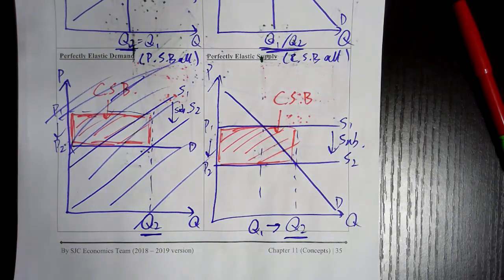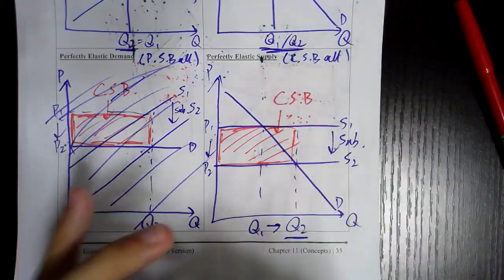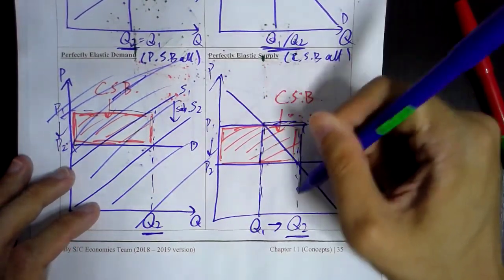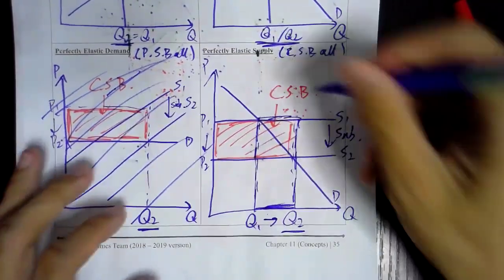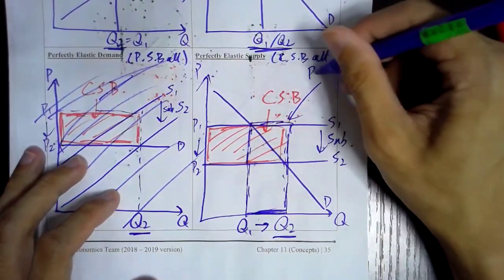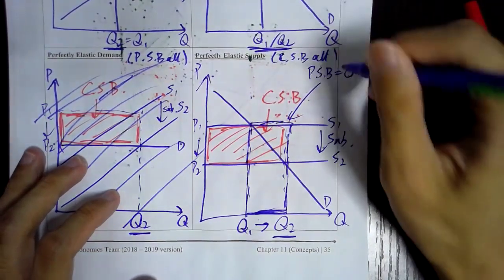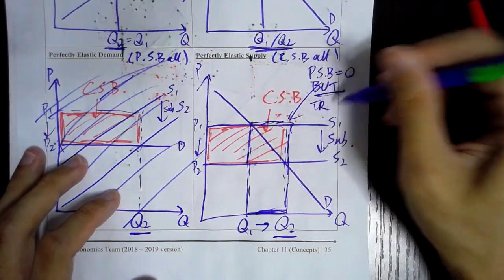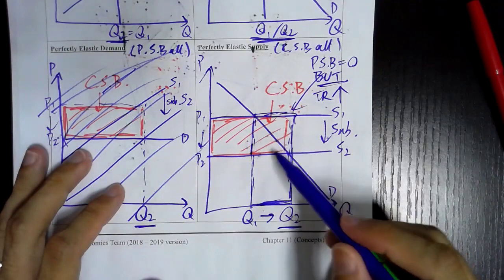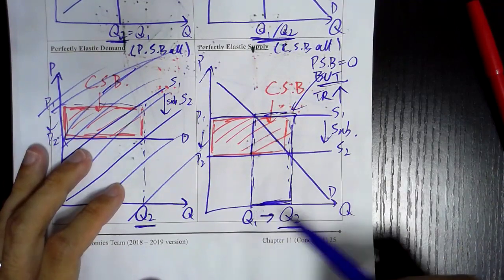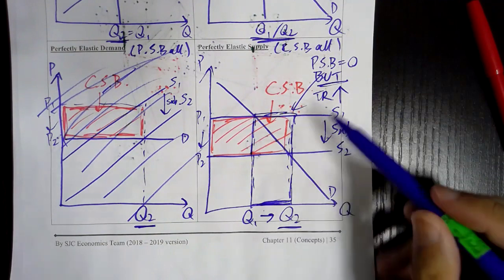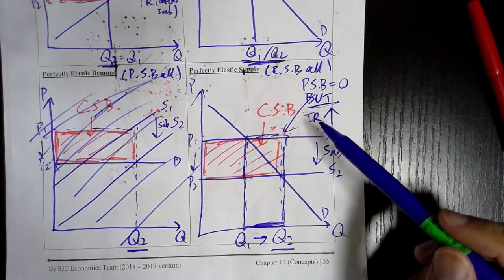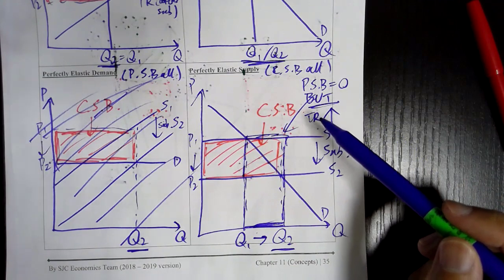So you see, this blue box, although be careful not to get this wrong, although there is no subsidy benefit, we know that PSB equals 0, we also see that total revenue will still increase by this blue box. Why? Because quantity has increased. So be careful, don't think that producer subsidy benefit of zero means there is no profit to be made. No, this is not correct.